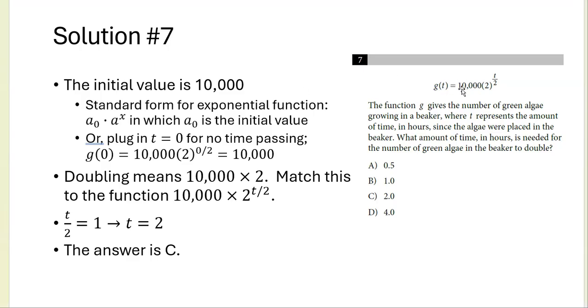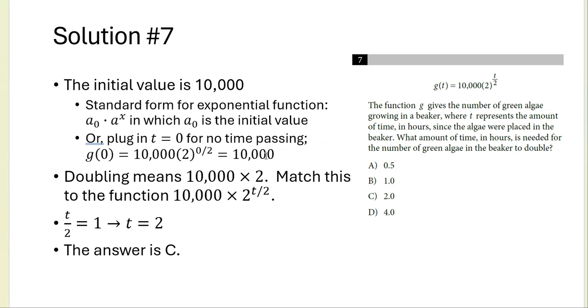What happens if we plug in t equals 0? Because t is the amount of time that passed. So 0 means no time has passed, meaning the initial amount. So g of 0 is 10,000 times 2 to the 0 over 2 power. So that's 2 to the 0 power, which is 1. 10,000 times 1 is 10,000.